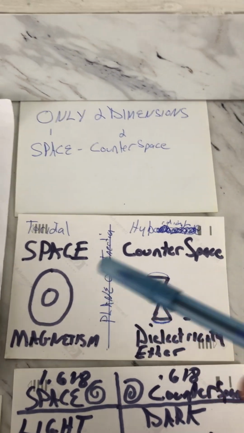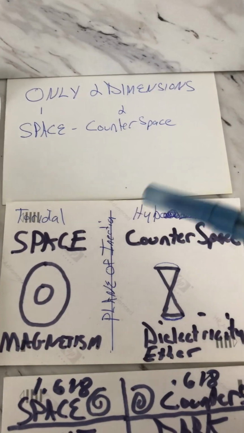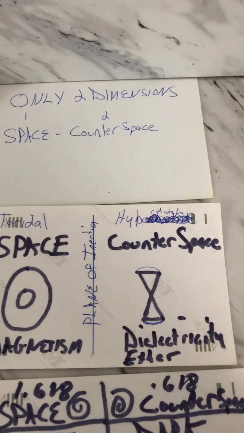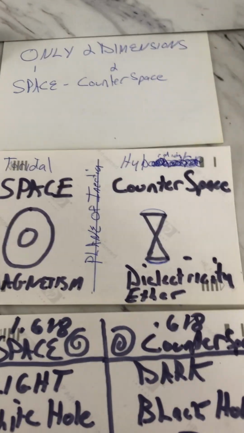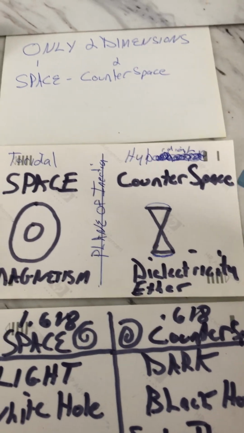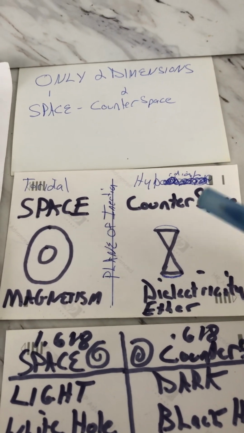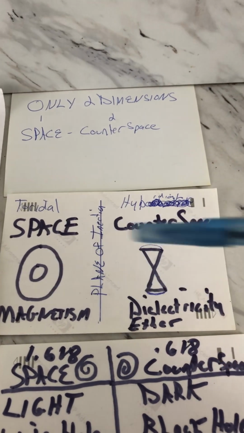Space is represented by the toroid, or the donut shape, and counterspace is represented by the hourglass or the hyperboloid. Okay, so counterspace would be dielectricity, space would be magnetism. This is the seen, this is the unseen.